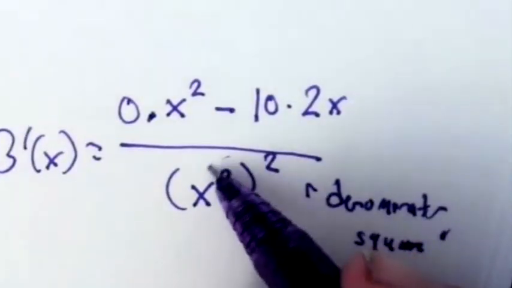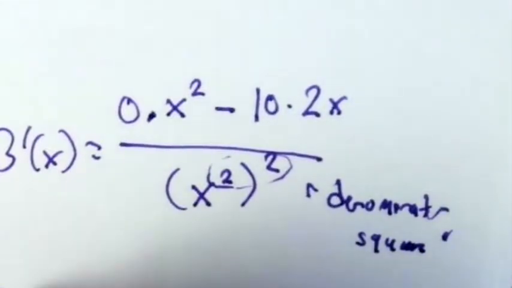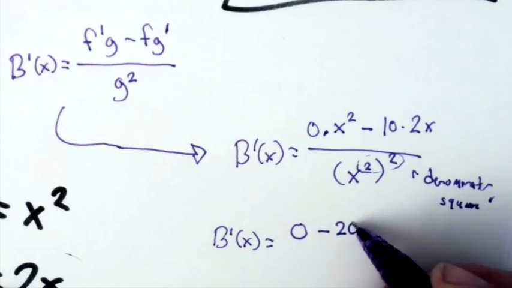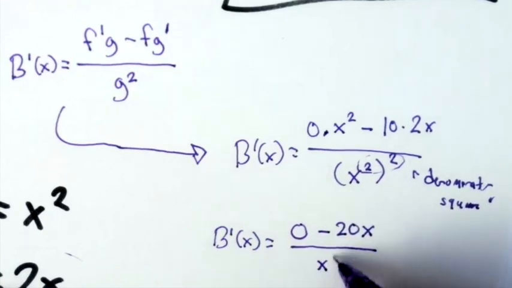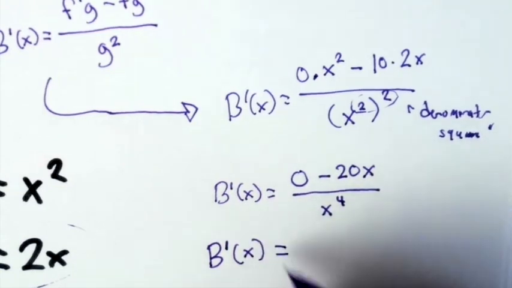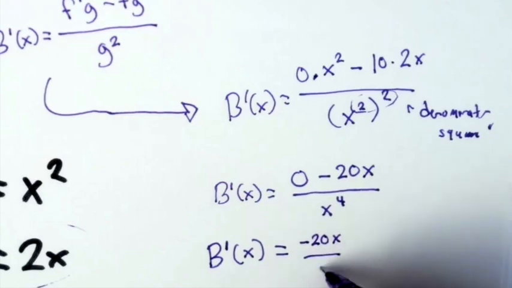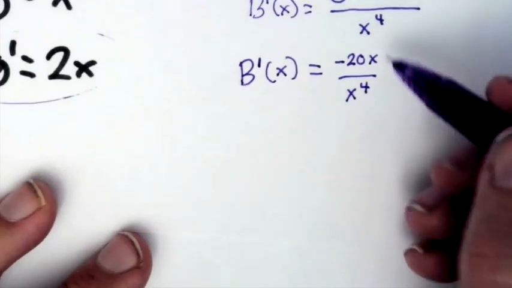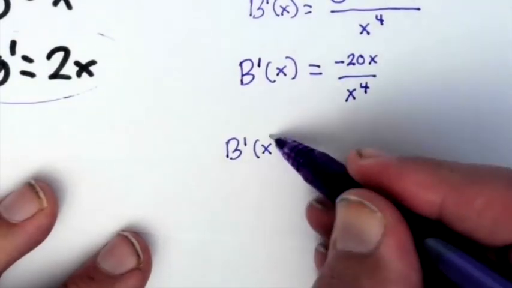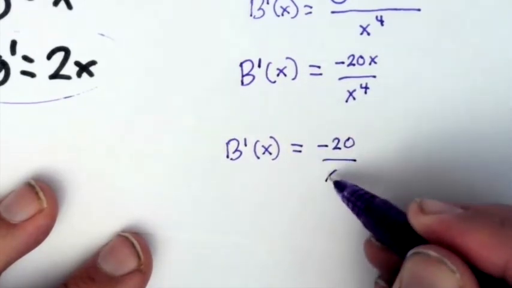Okay, so x squared squared, I would want to clean this up a little bit. 0 times anything is 0 minus 20x all over x to the fourth, and then b prime of x is equal to 0 minus 20x, which is just negative 20x over x to the fourth, and then finally b prime of x is equal to negative 20 over x cubed.